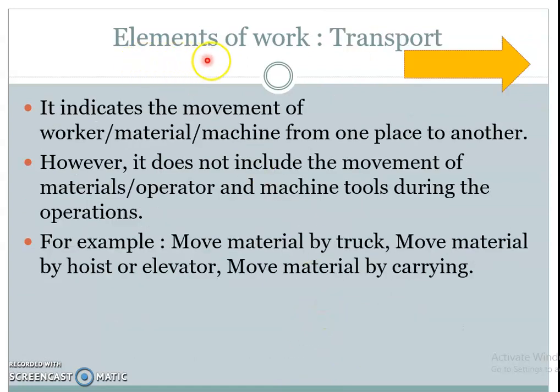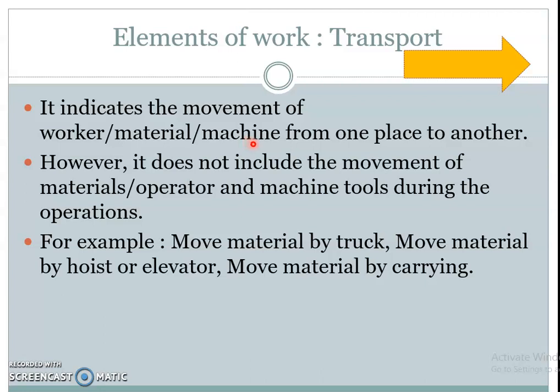Now the next method study symbol is transport. It is shown by an arrow. It indicates the movement of workers, material, or machine from one place to another. Transport indicates the movement of an item from one location to another. The item may be any one of these types: workers, materials or machines.